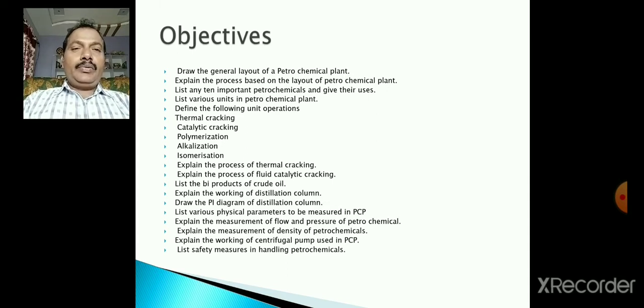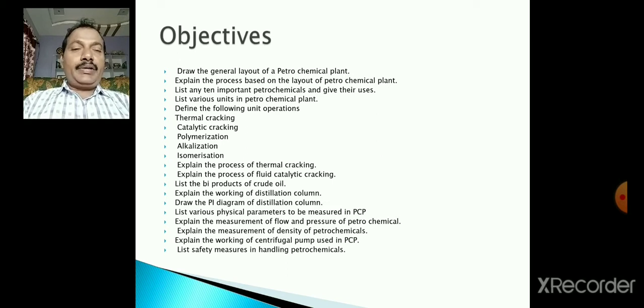We have listed 10 important petrochemicals and their uses, and we have listed various units in a petrochemical plant. Next we have defined thermal cracking, catalytic cracking, polymerization, alkylation, isomerization.